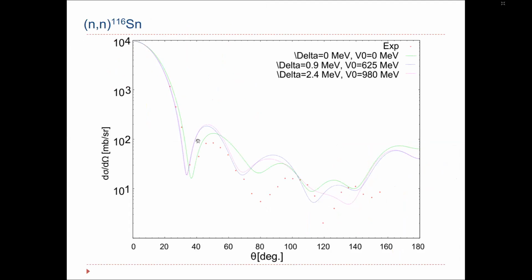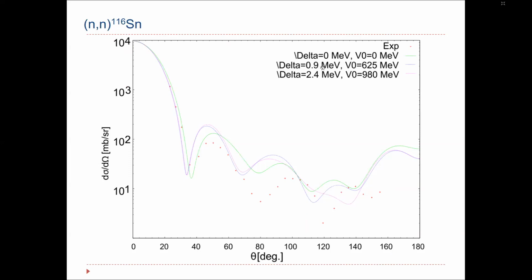For example, if I go to a pairing target like tin-120, for example, here delta is the pairing gap, and I test, for example, no pairing, which corresponds to the green color.